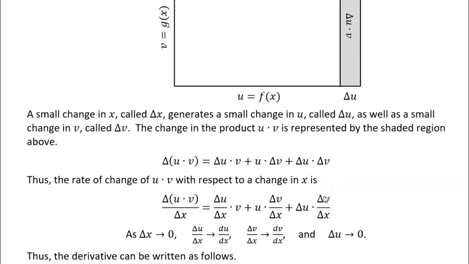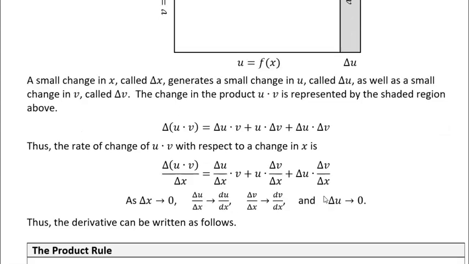Now we want to let the change in x go to 0, right? So the rate of change is the change in the product over the change in x, right? And then so we just divide everything by delta x, and here's what we end up with.